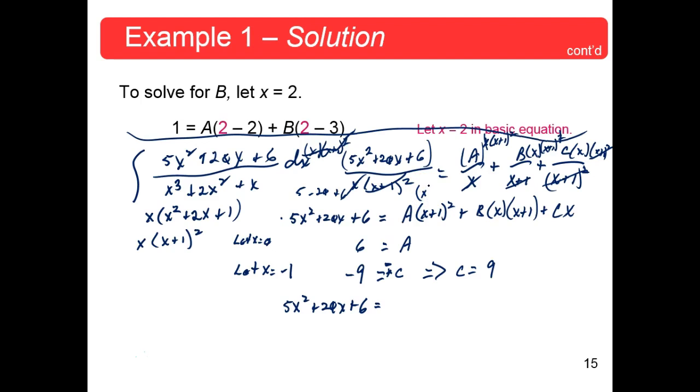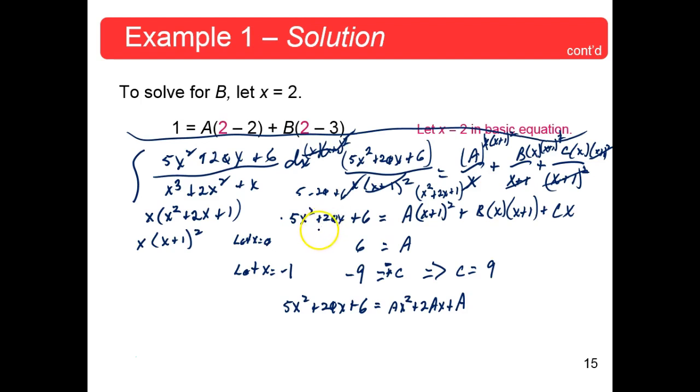X squared plus 2x plus 1. Very good. Multiply that out and you get ax squared plus 2ax plus a. You see what I did? No magic, right?